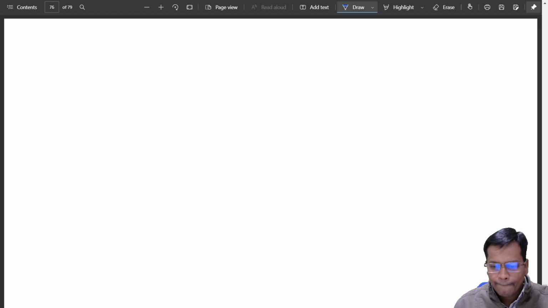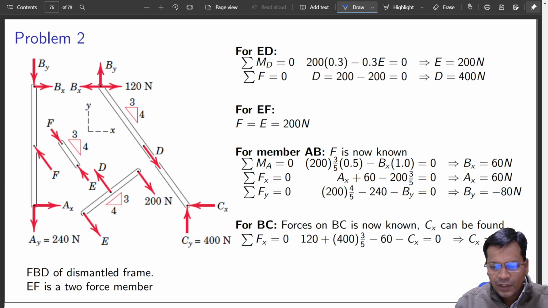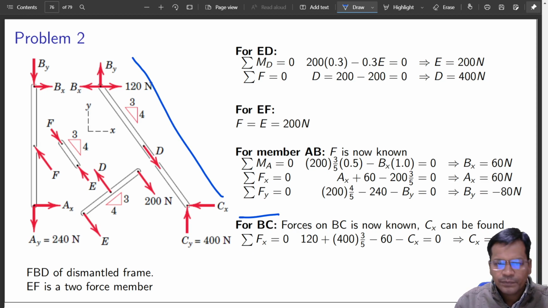Okay. Same way you can now take the BC link. BC is this inclined one. Again you will take force balance, Fx. Now that all the forces are known, you need not take moments, because straight away you can see the horizontal forces should equate and give you the forces.